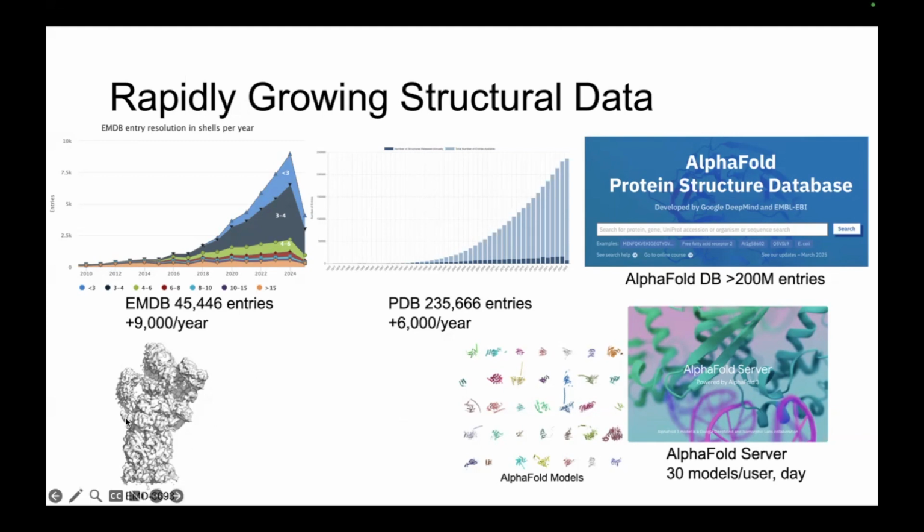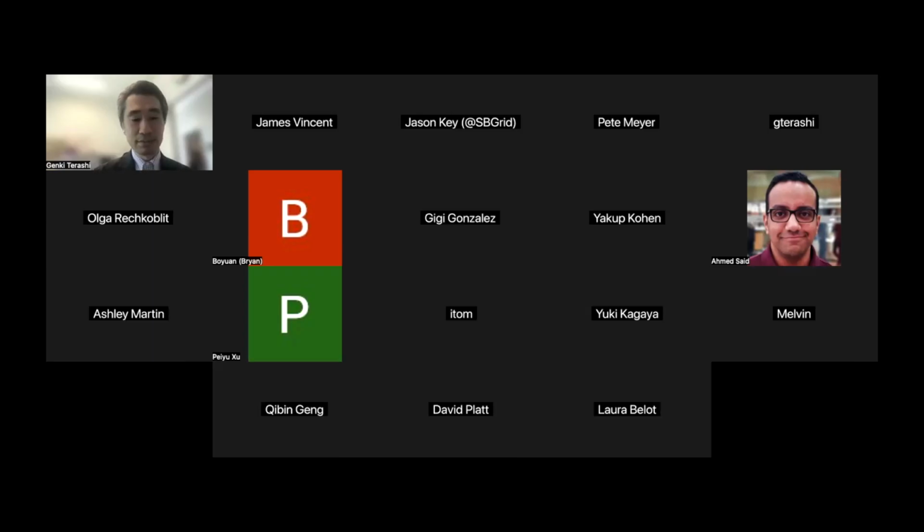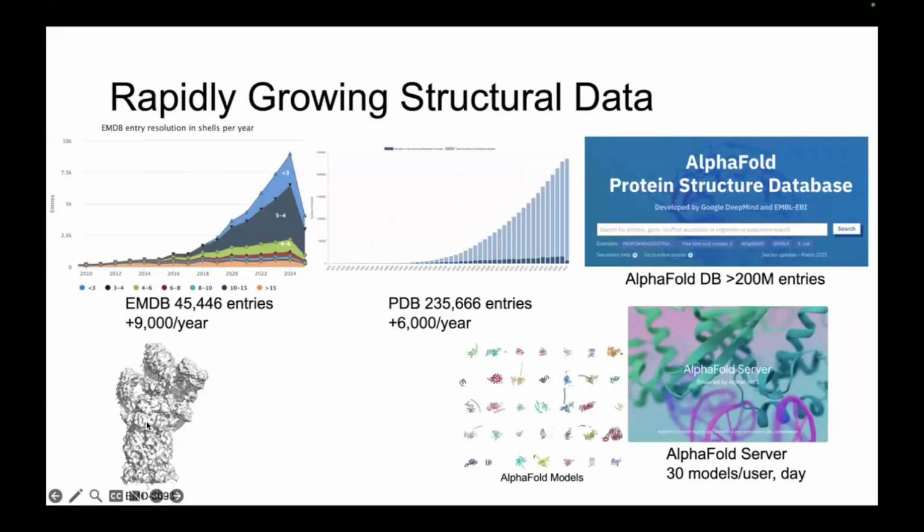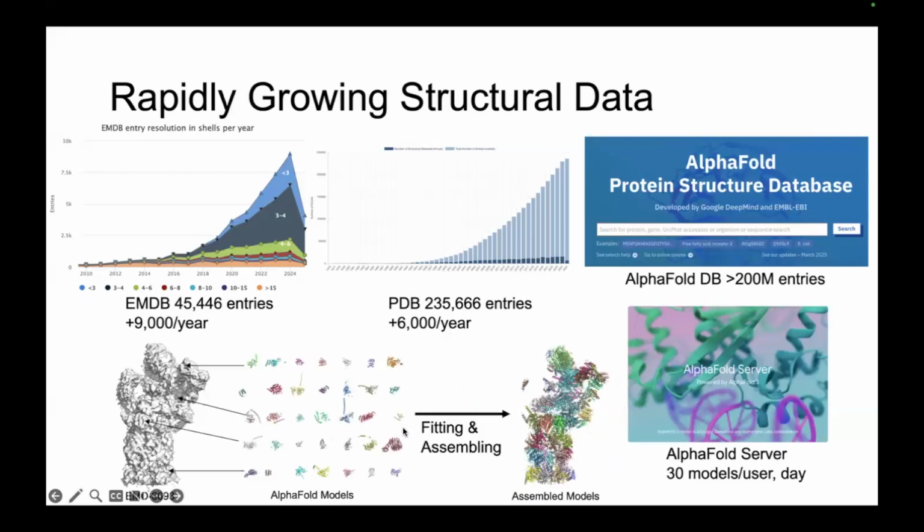Suppose we have a relatively intermediate or low resolution map. To interpret this map into atomic models, maybe we can use AlphaFold. First generate the individual chains or complex structures, then try to fit these atomic models into the density map.